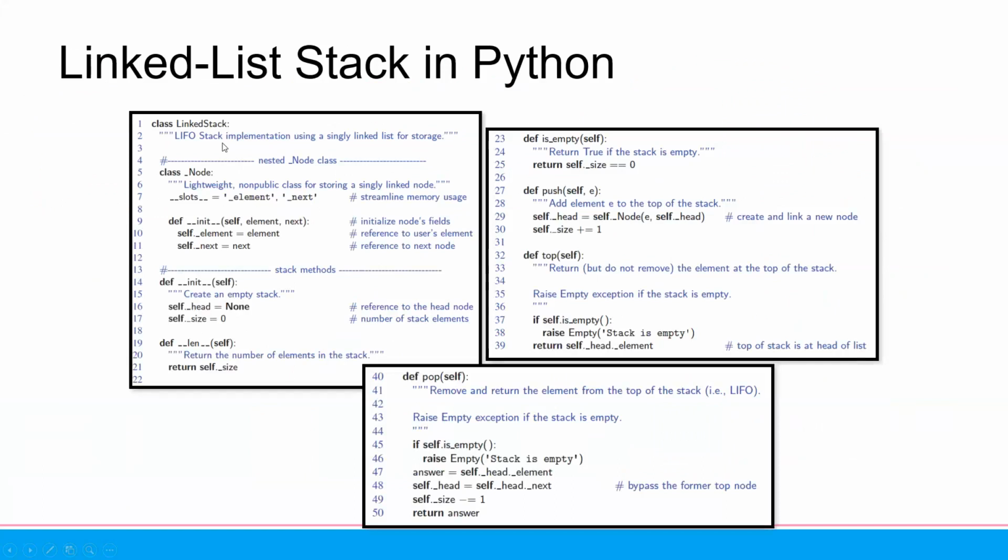This is the code in Python. The previous one I showed you the code in Java. We can look at the code in Python. In this case, I have the class LinkedStack, and inside of this class I have another class we call the Node class.